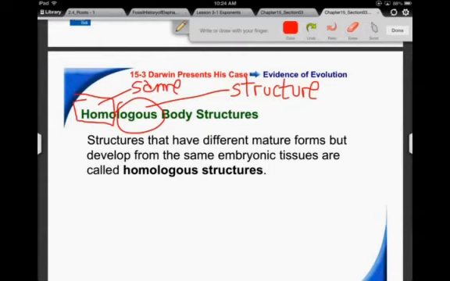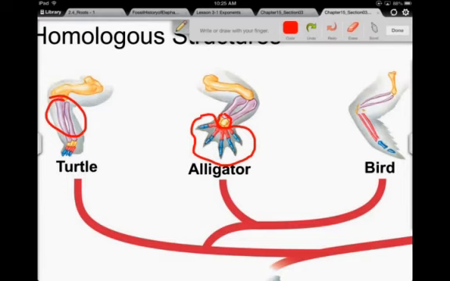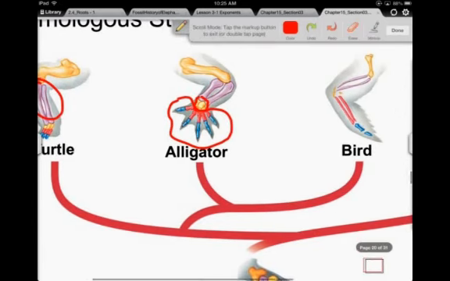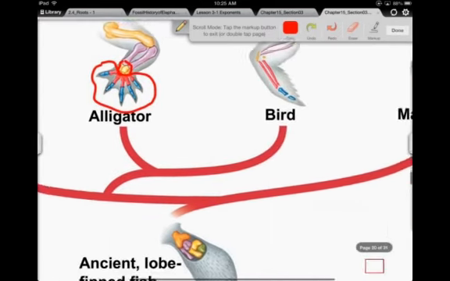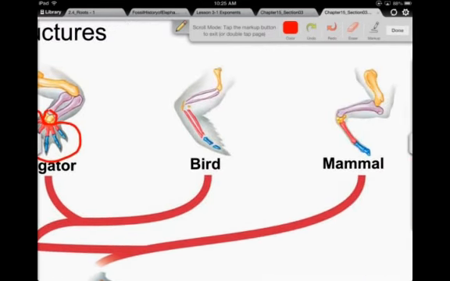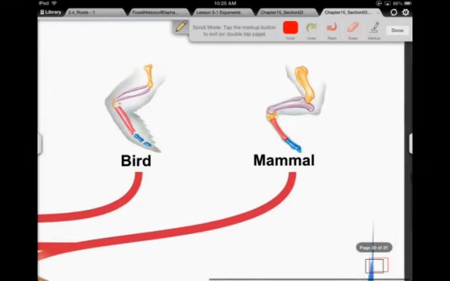It's a little bit different depending on each creature, right? The alligator, of course, puts his hand down with much firmer support. The turtle has it inside of a flipper-like structure. The bird has a wing. Even in the mammals, along the lines of something that's sort of horse-like, we see the same bones are existing.